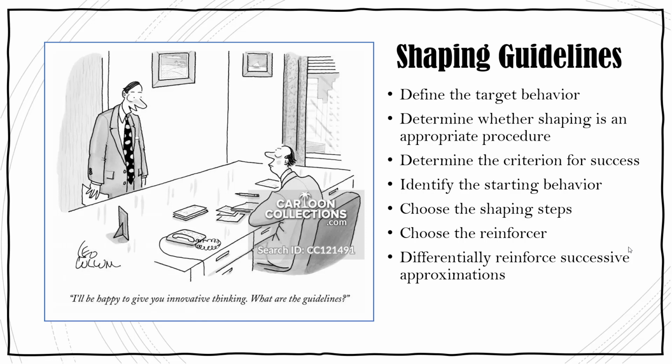When you move to a new approximation that's closer to the target behavior, that's where you get your powerful reinforcers, and you get either no reinforcement or less powerful reinforcers for the others. Well, typically no reinforcement, because you put those other behaviors that they were doing, that are not as close, that are lesser approximations, under extinction. And then you want to move through those shaping steps at a proper pace.